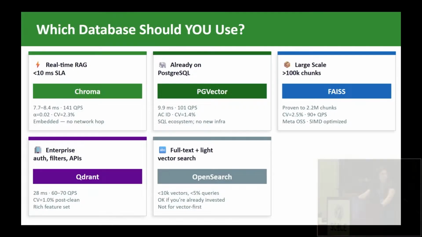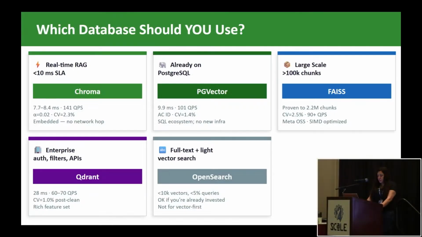So, which database should you use? If your RAG application needs sub 10 millisecond query latency, Chroma is the clear winner. If you're already running PostgreSQL in your stack, then you should consider pgvector. Before you add Quadrant or VB8, check whether pgvector meets your SLA.